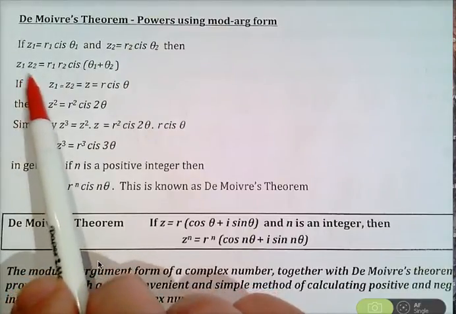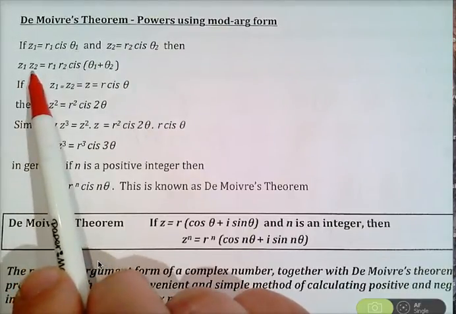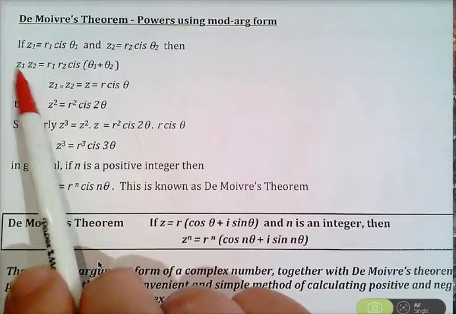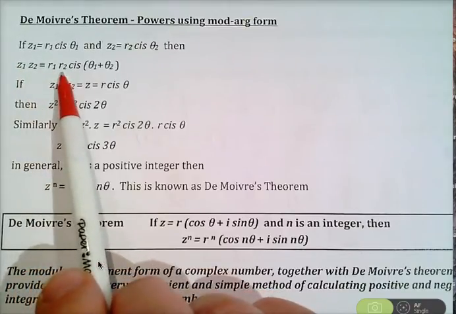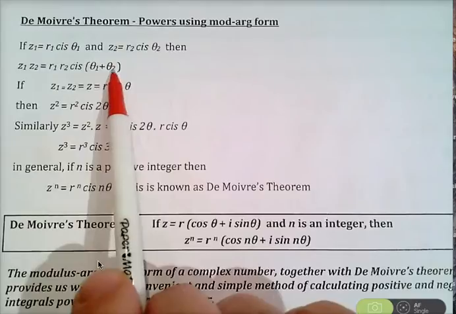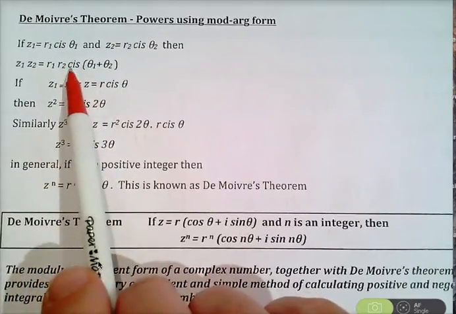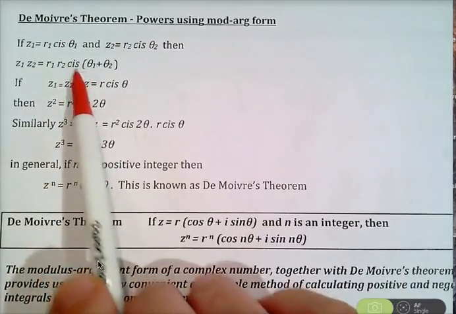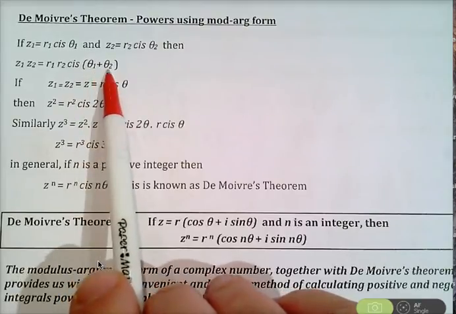we did on previous pages that Z1 times Z2, to multiply two complex numbers, we multiply the moduli and we add the arguments. So it's R1 times R2 times cis of theta 1 plus theta 2.